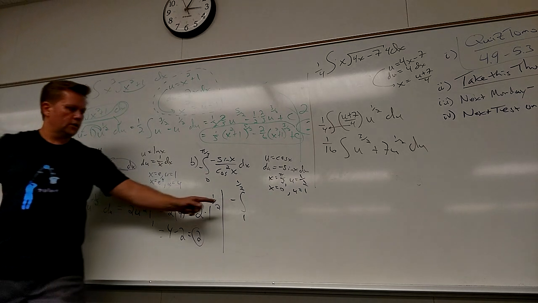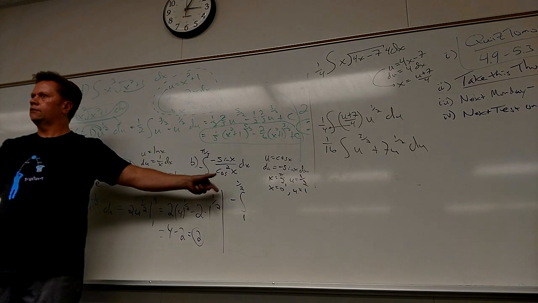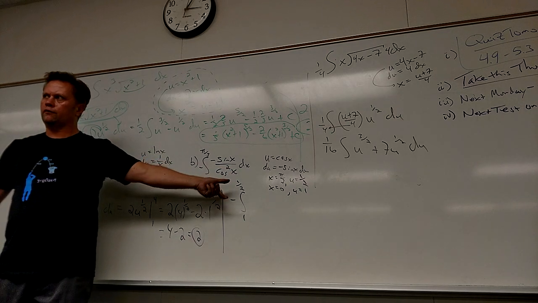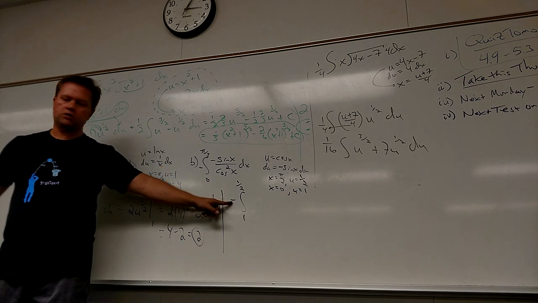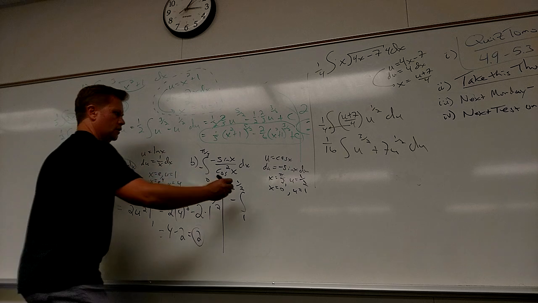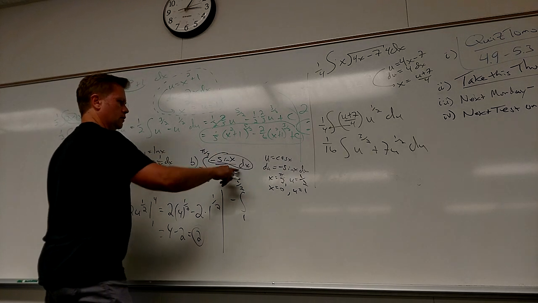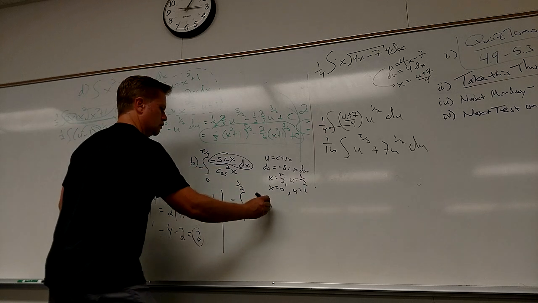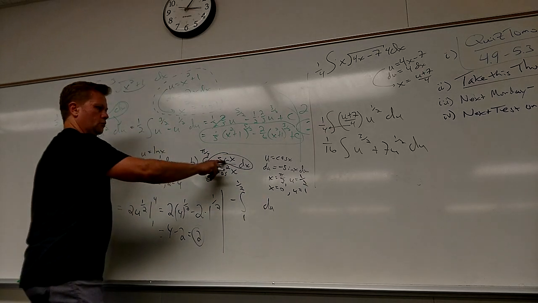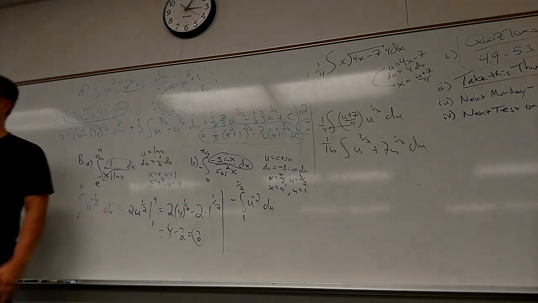Something you might realize is you could just make this positive and switch the limits. If I switch the order of the limits, I change the sign of the integral. And what do I get inside? This is all du, and I get 1 over u squared, so u to the negative 2.